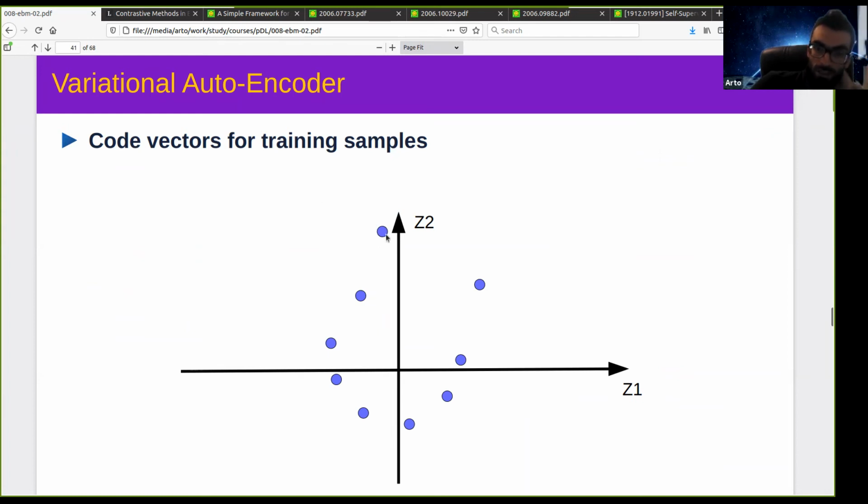Here you can see we will consider step by step how it works. We get some numbers here, which are the outputs of the encoder.